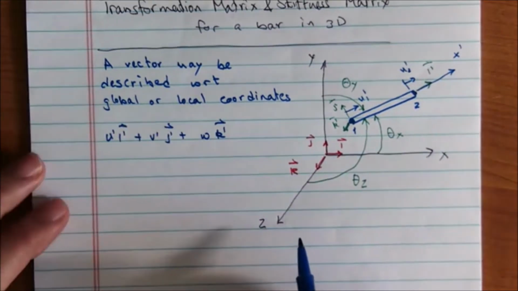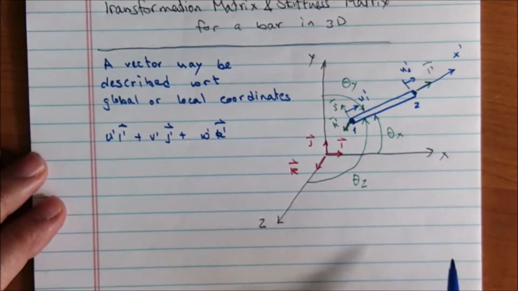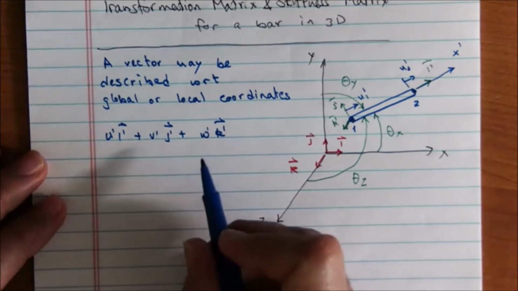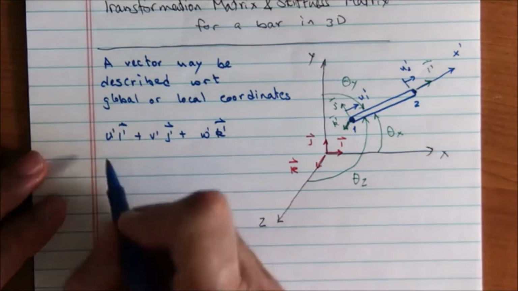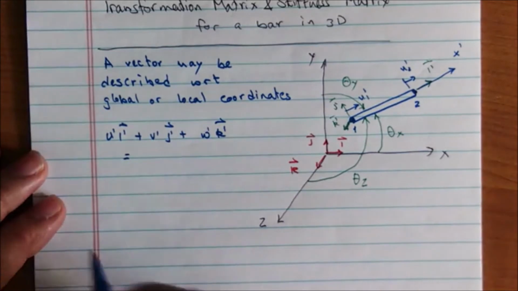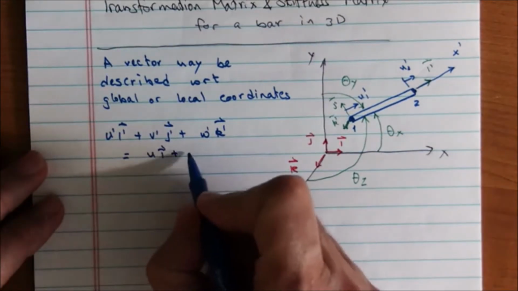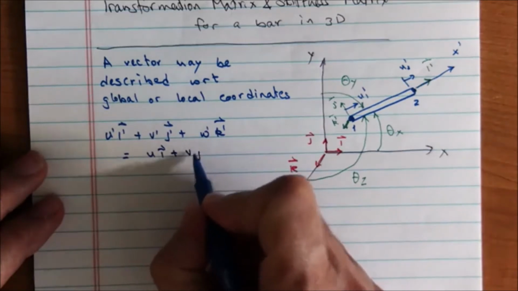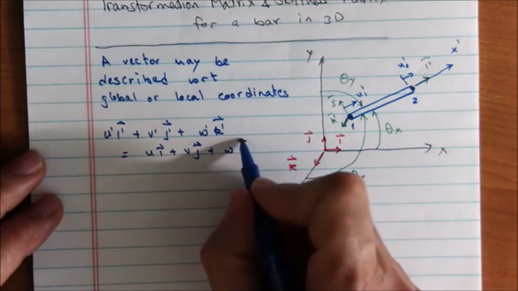Now this vector here is with respect to the local ordinates. That's why we have all the primes. I can describe it with respect to the global and still get the same vector. So I can say that this is equal to, with respect to the global, UI plus VJ plus WK.